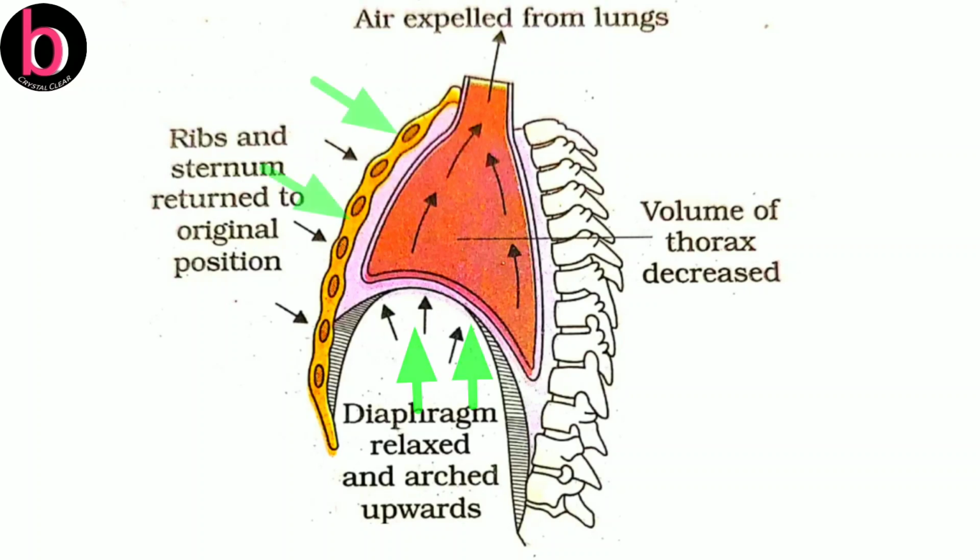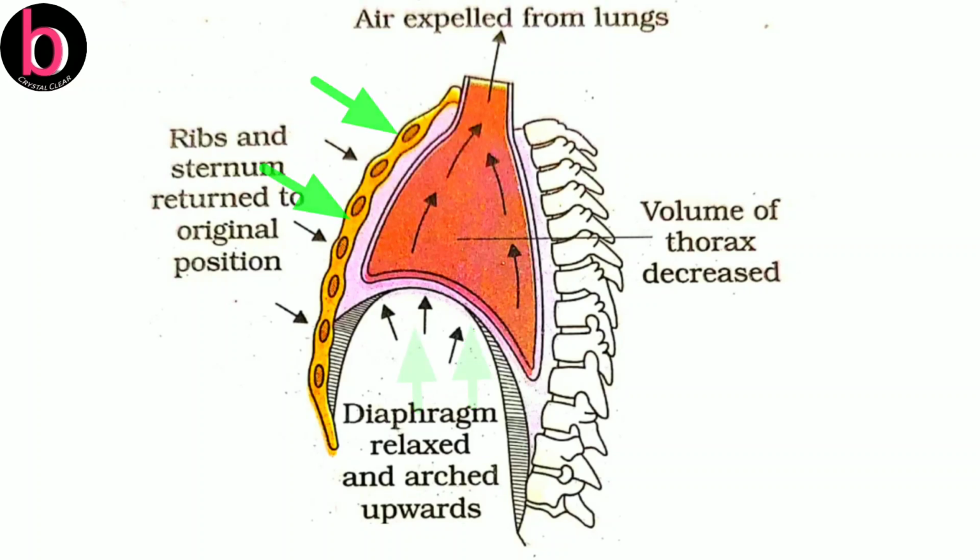Similarly, when there is contraction in the internal intercostal muscles, this causes more closeness of the ribs as well as the sternum over the lungs. This decreases the volume of the lungs or thoracic cavity on the dorsoventral surface, and that's why there will be a huge decrease in pulmonary volume and more pressure.